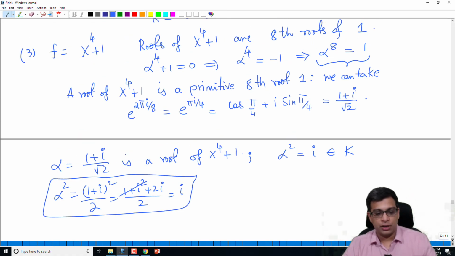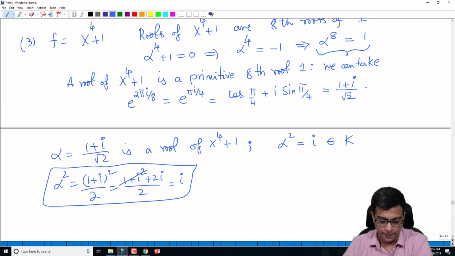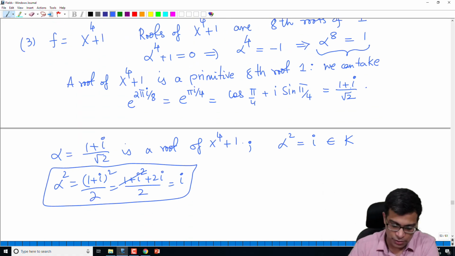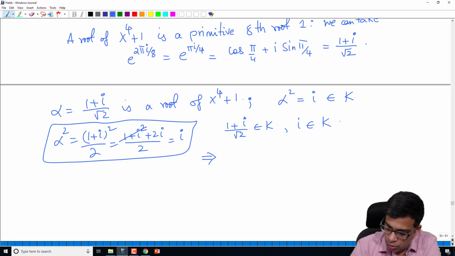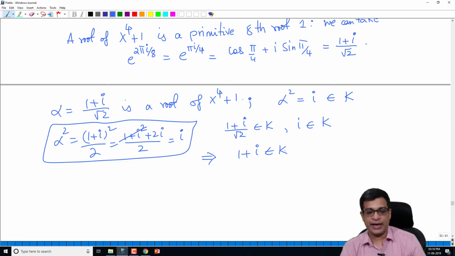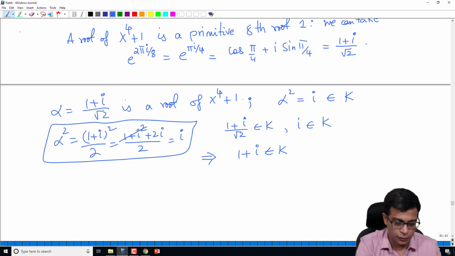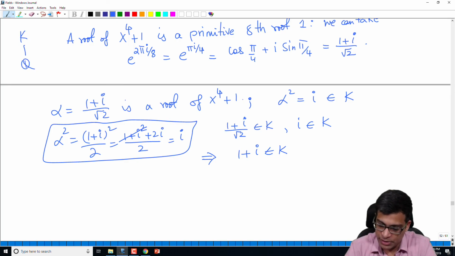Whatever our potential splitting field K is, it contains i, and it contains (1 plus i) over root 2. So (1 plus i) by root 2 is there, i is there. That means 1 plus i is also there, right? Because K certainly contains Q. So we are looking at extensions of Q. 1 is there, i is there, 1 plus i is there.